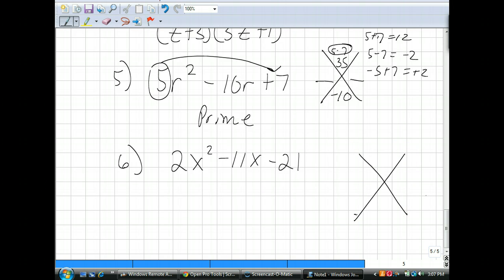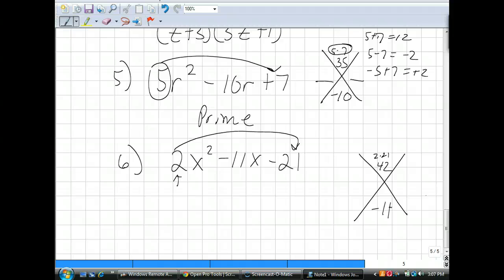Then think to yourself, what would you do next? You have a leading coefficient, so you multiply that times the n number. So 2 times 21 gives you 42, and then you have a negative 11. Then what times what is positive 42, but adds up to a negative 11?